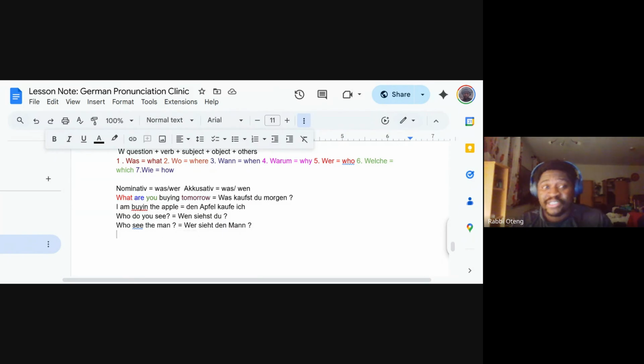With welche, apart from was, although I am saying that was doesn't change, it's good to know, because when you're replying to questions with what and there's another subject, then you know the reply to the question has to be in the accusative. But wo stays the same, wann stays the same, warum doesn't change.